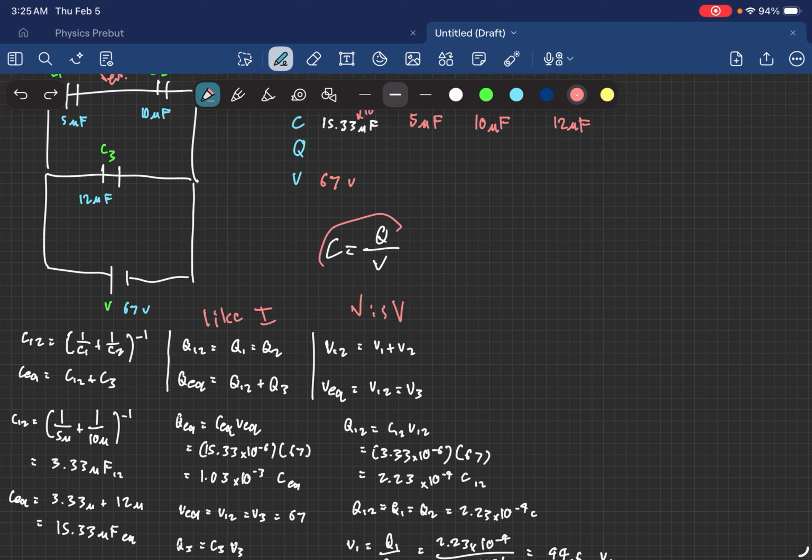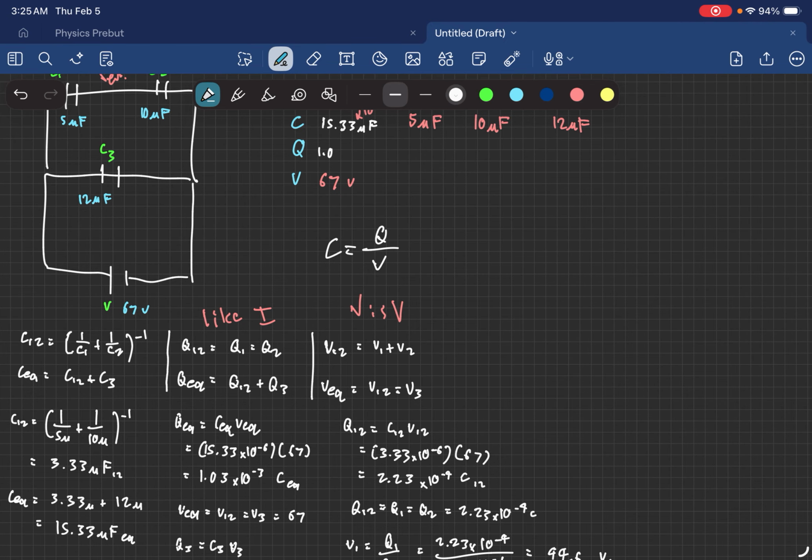Do the formula C equals Q over V. We do this 15.33 times 10 raised to negative 6, you can convert it now, times 67 volts. That gives you 1.03 times 10 raised to negative 3 coulombs.